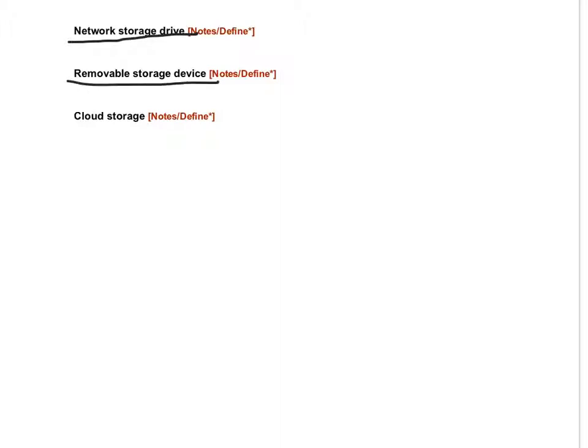Removable storage: DVD, flash drive, and so forth. Okay, and you also have cloud storage, where you go via a network, typically through the internet. Okay, so let's look at a diagram here.